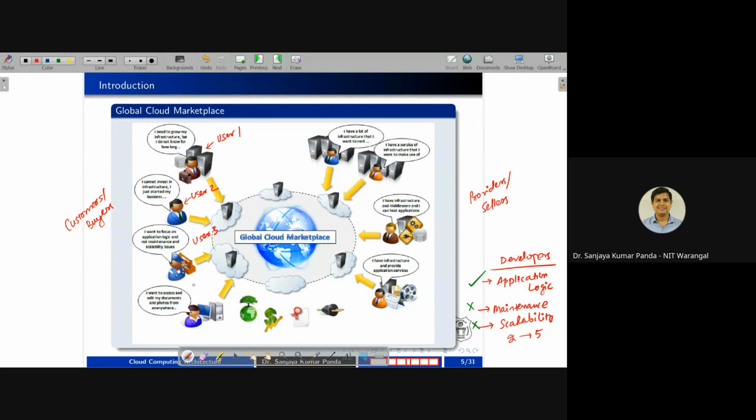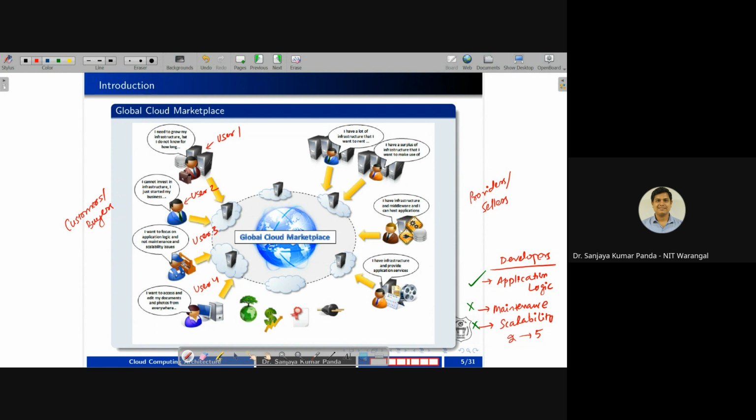Now we'll go for user four. User four says that I want to access and edit my documents and photos from everywhere. Suppose you have a computer system in your office, and another computer system at your home. You can download desktop Google Drive, right?